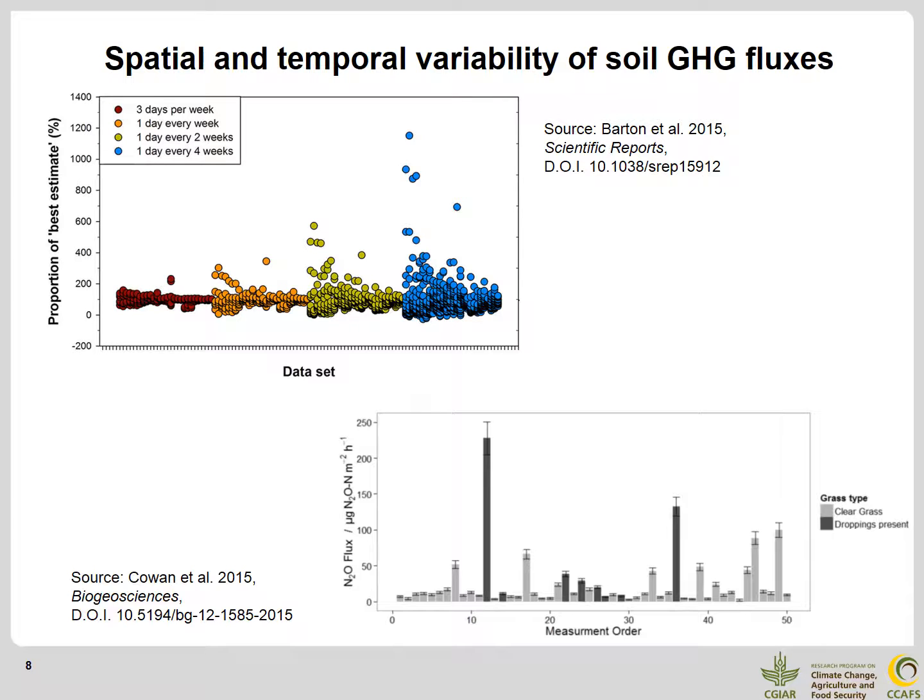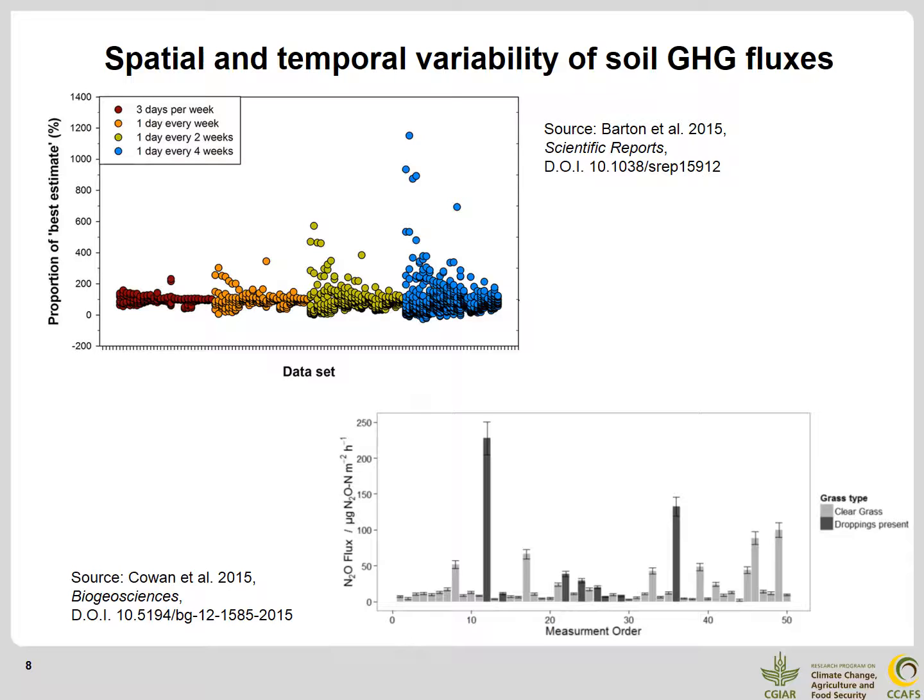Greenhouse gas fluxes are also known to fluctuate greatly spatially due to heterogeneous soil conditions, with instantaneous fluxes potentially varying by several orders of magnitude within a few dozen meters.